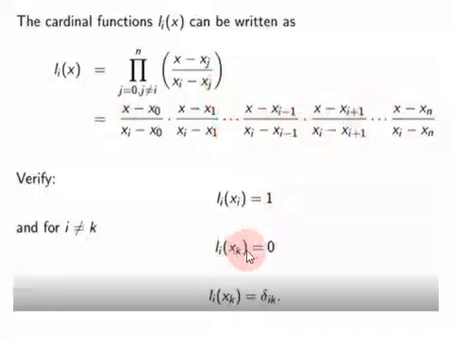So if you plug in any value x_k which is not equal to i, then the cardinal function at that value is equal to 0. This means the cardinal function at x_k is equal to the Kronecker delta function. I hope this makes more sense to you.